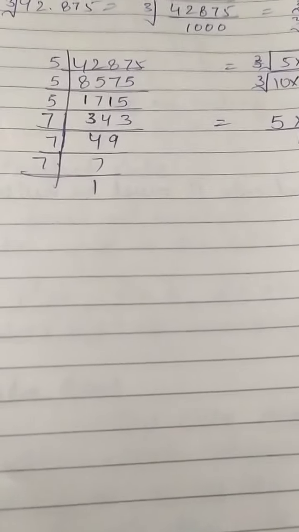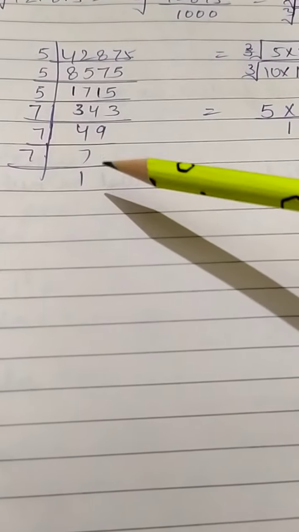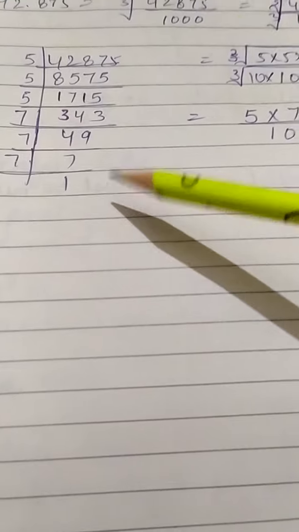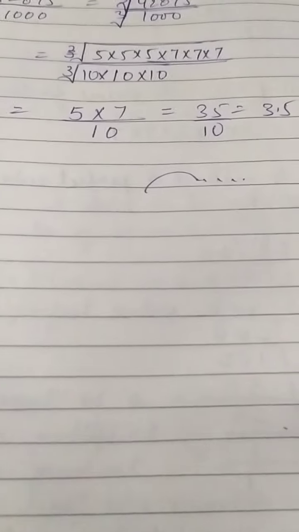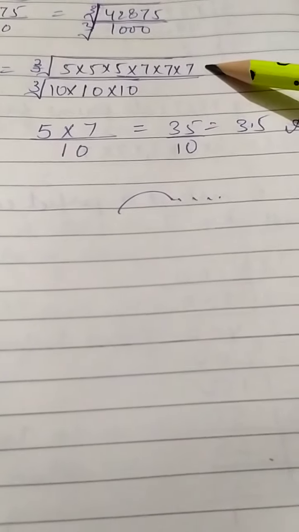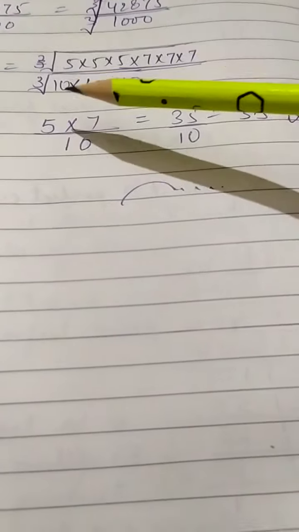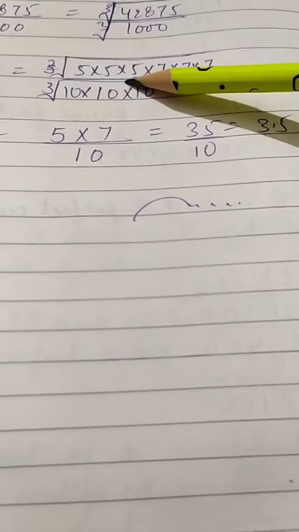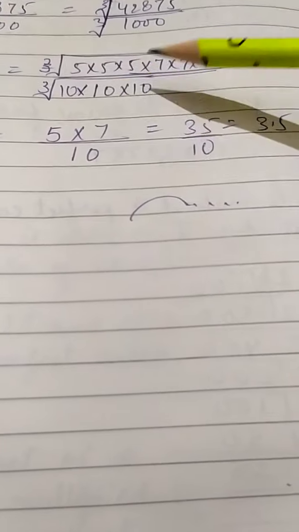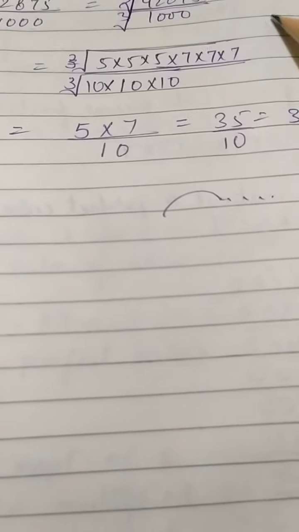Okay, so after finding the cube roots of this 42,875 we have the factors 5 into 5 into 5 into 7 into 7 into 7. Okay, now we have the factors here, and 1000 is 10 into 10 into 10. Now we will take one number common. It is a cube root, so we have to remove the cube root.